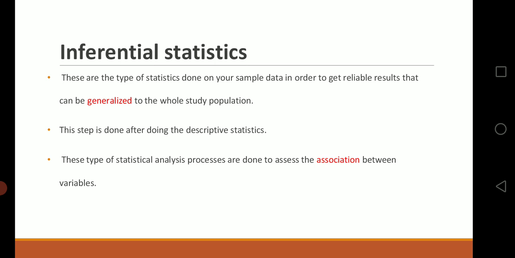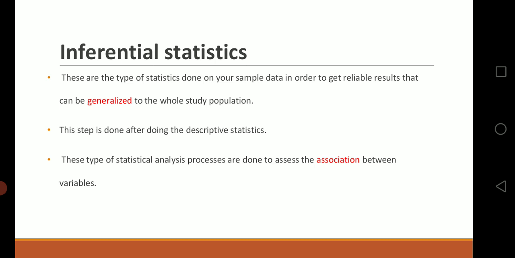The descriptive statistics describe each variable on its own. Meaning, if we come to describe the age, we say the mean age equals such, the standard deviation equals such, the median age, the range of the age is between such and such. Okay, we describe each variable on its own.